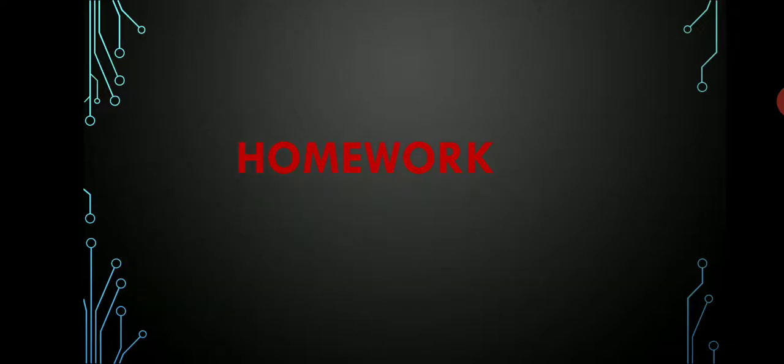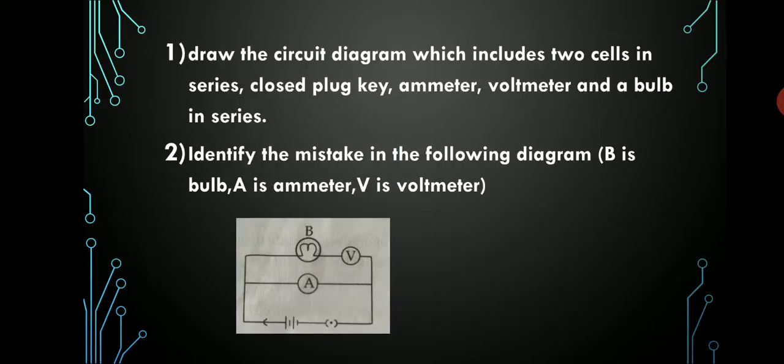Now it's time to give homework. Dear students, I have given 10 questions, so you need to answer them and copy them in your notes. The first one: draw the circuit diagram which includes two cells in series, closed plug key, ammeter, voltmeter and a bulb in series. So here the components are given. Using all these components you have to draw the circuit diagram.